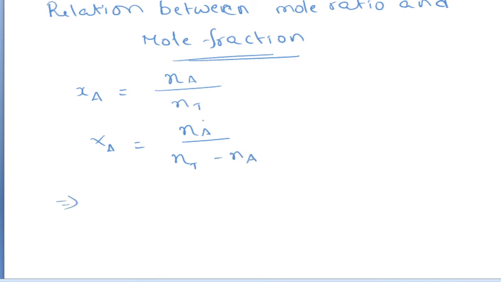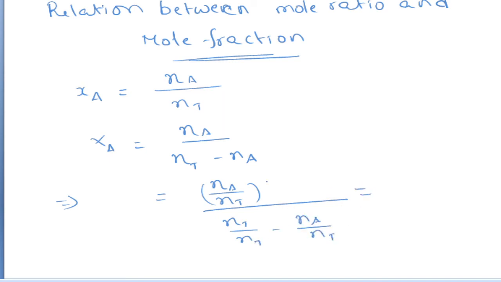Now, if I divide the denominator and numerator by Nt, what do I get? Na by Nt divided by Nt by Nt minus Na by Nt. This Na by Nt denotes small xa, already we know that, so you can substitute that term by xa.